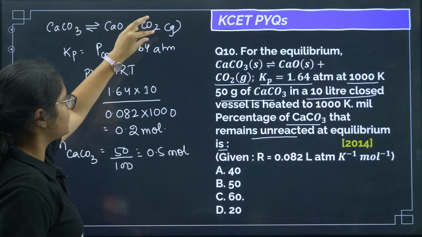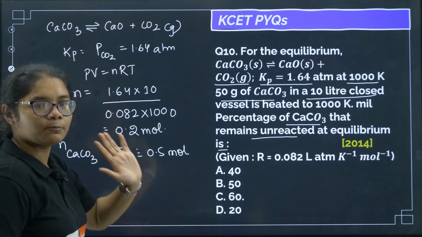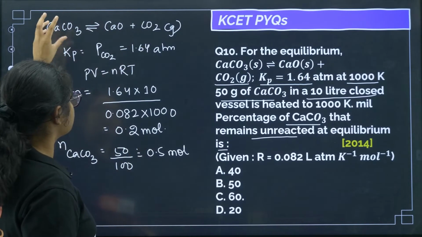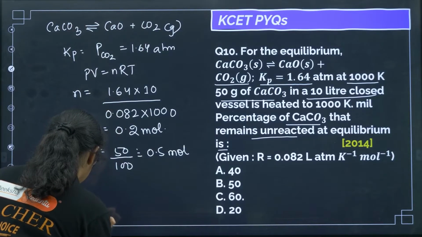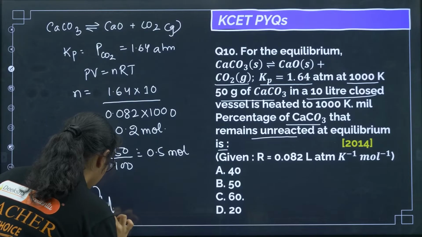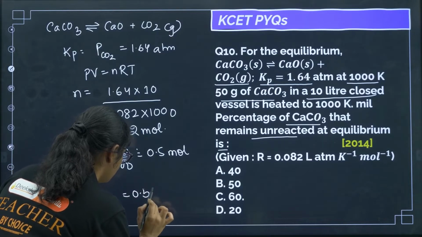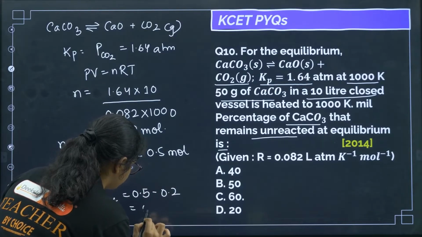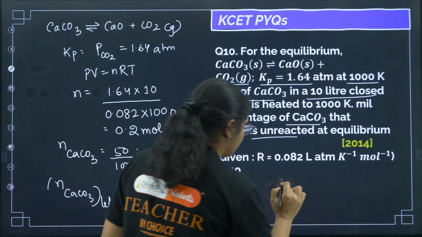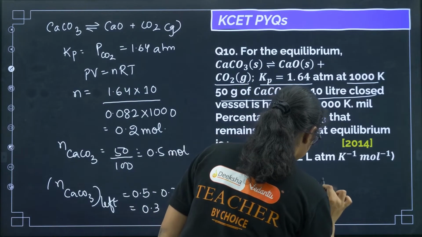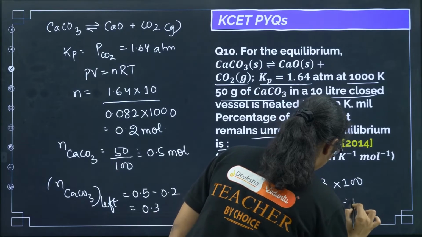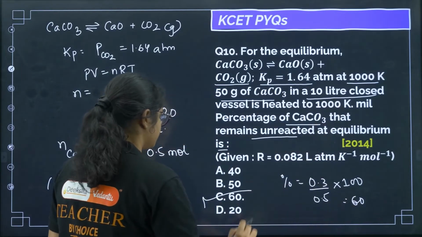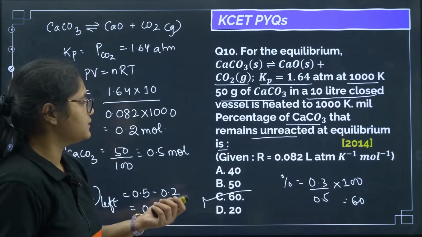So if this one is 0.2, then this one also would have reacted 0.2. So 0.5 was there, 0.2 reacted, then the CaCO3 that is left is 0.5 minus 0.2, that is 0.3. In terms of percentage, that is 0.3 by 0.5 into 100, that is 60. Option number C is the correct answer here.